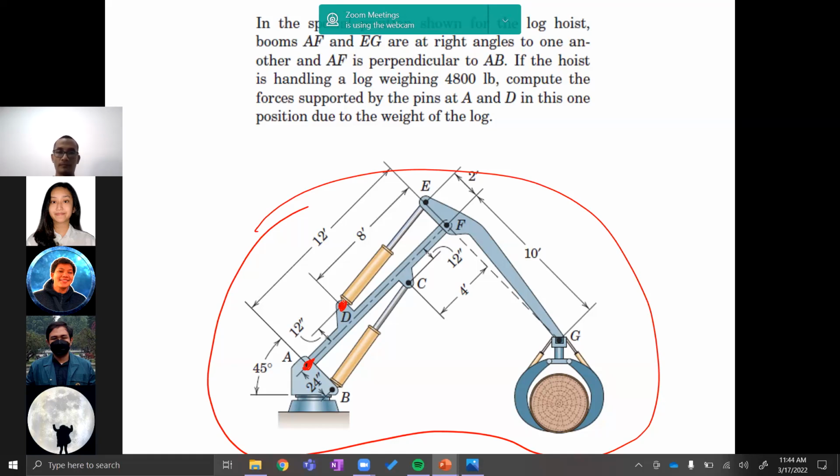Force at pin A and force at pin D. But in order to solve that, we have to know first which one of it that is two force member.